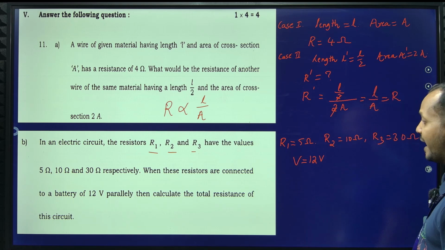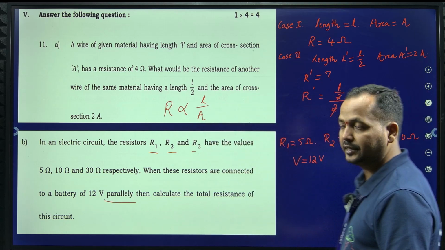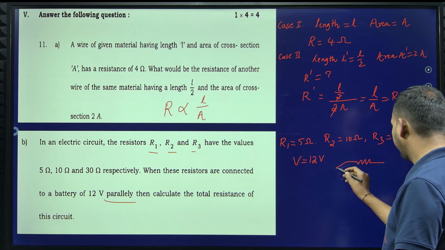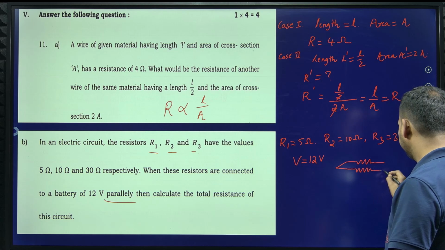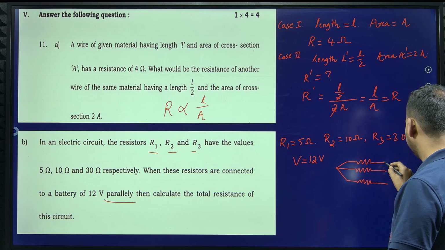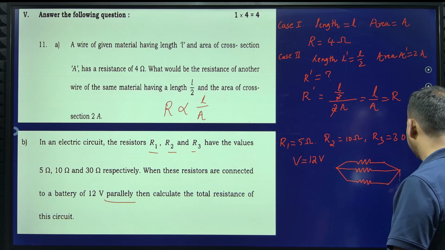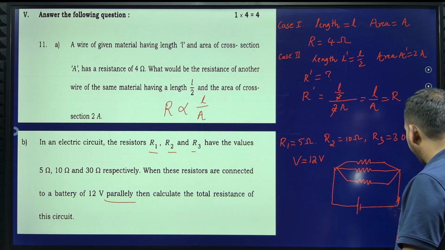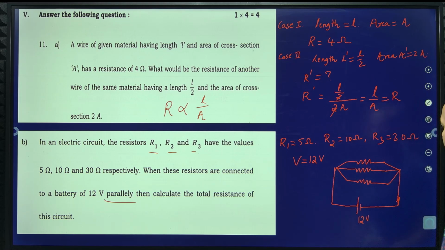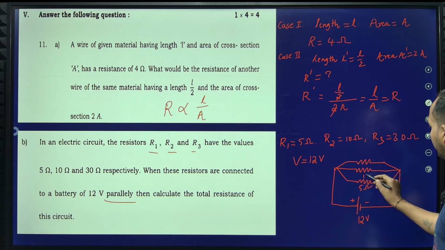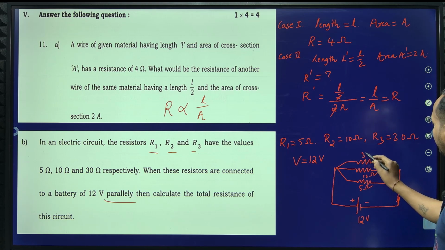The resistors are connected in parallel. If you observe, this is connected to a battery of 12 volt. This is 5 ohm, this is 10 ohm, and this is 30 ohm.